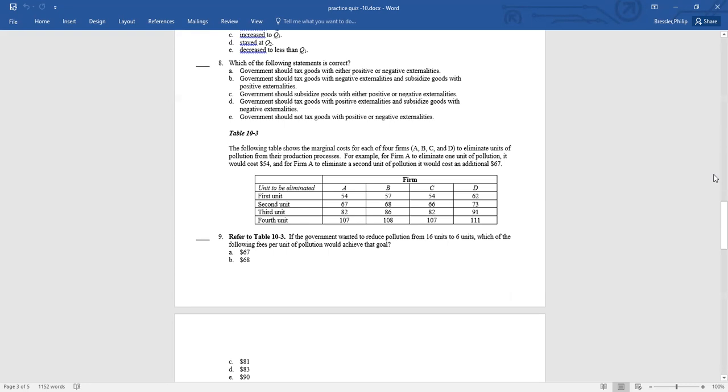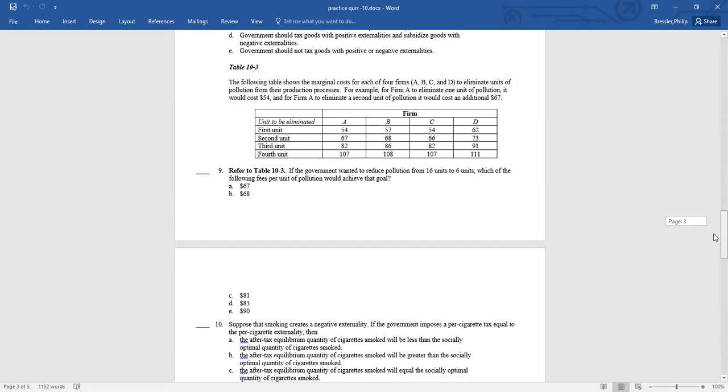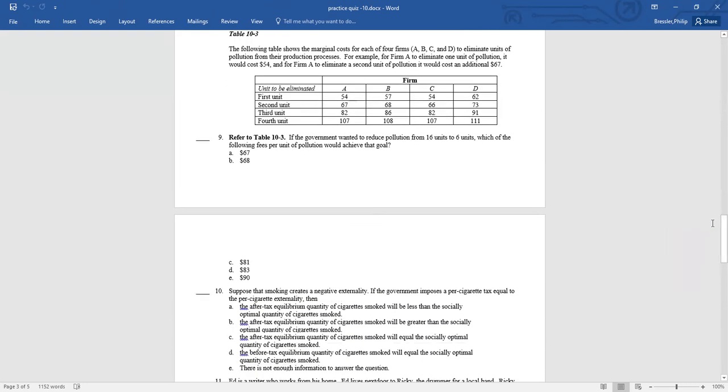All right, number 9 is a tough one if you haven't looked at these. So these are saying, what is the price to get rid of the first unit of pollution, the second, and so on? What they're saying is, right now I have 16 units of pollution, how could I get that down to 6?